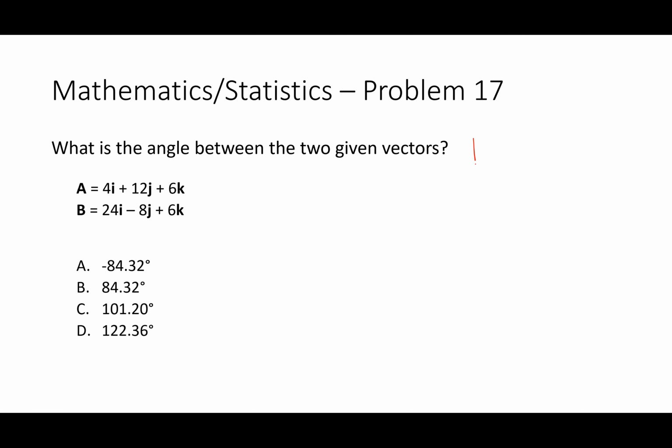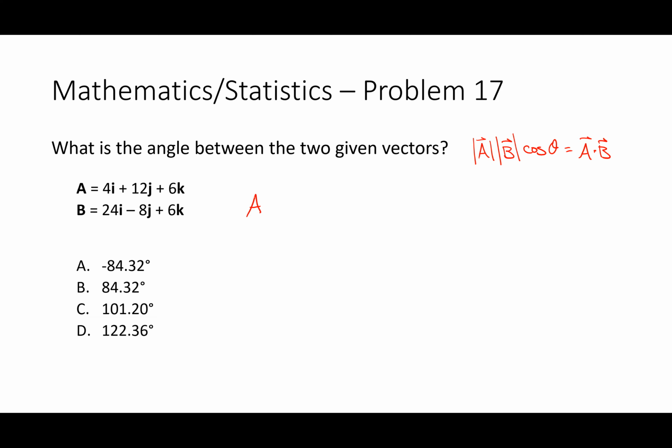The definition of the dot product states that the magnitude of A times the magnitude of B times the cosine of the angle between them is the dot product. That's how we define it. So I can do this step by step.